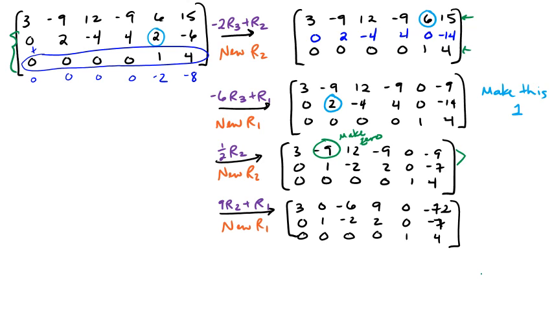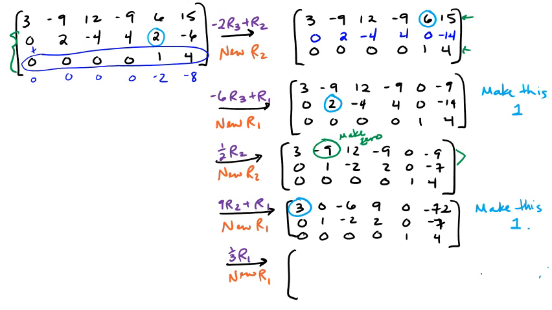All right. Now what I want to do is I want this pivot to become 1. Make this 1. The way I make that 1 is I take 1/3 times row 1, and this becomes my new row 1.